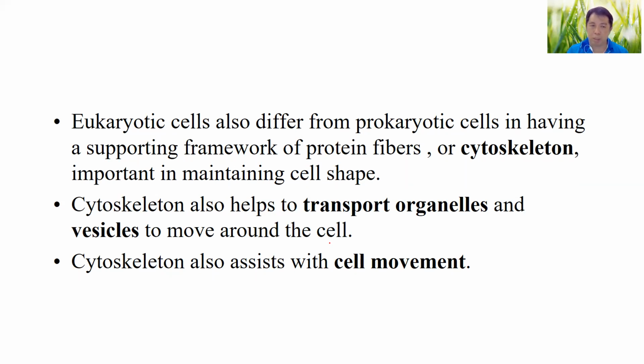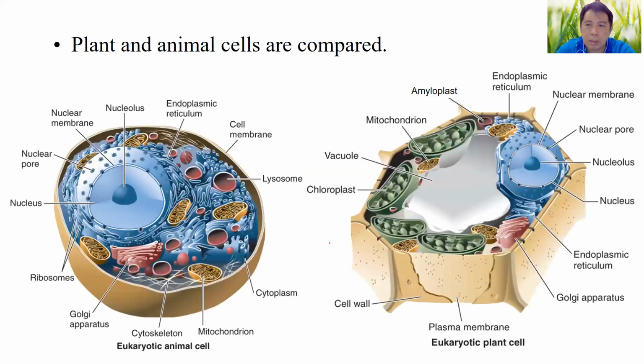The cytoskeleton also exists for self movement. When cells want to move from one place to another, they also require the cytoskeleton. So this is the comparison we can see just now.